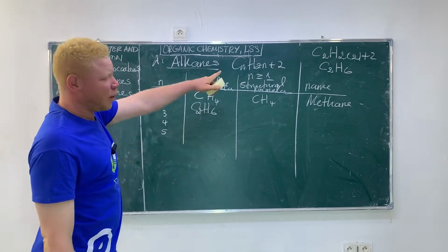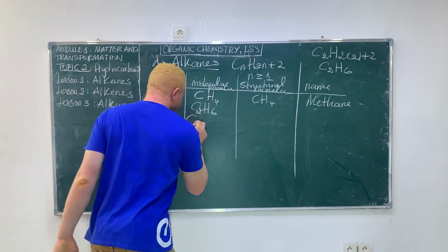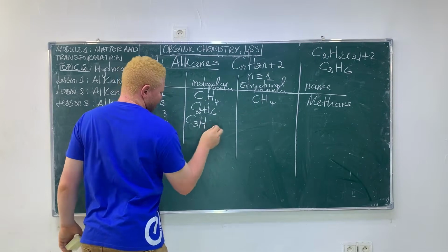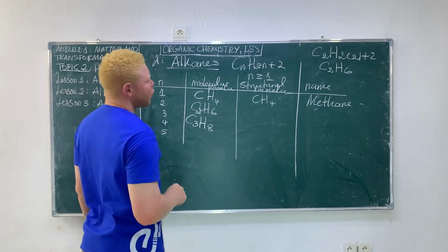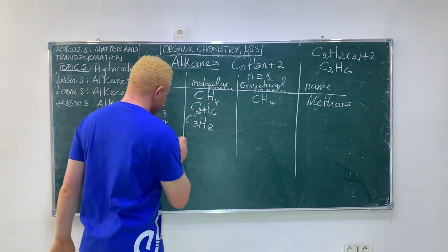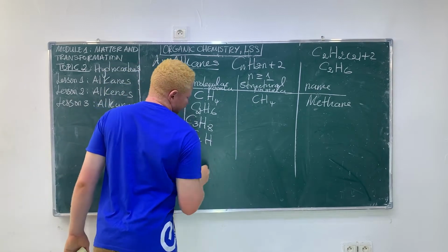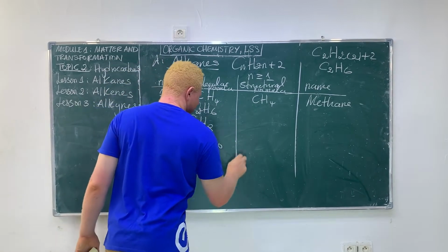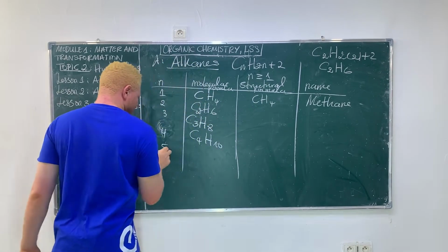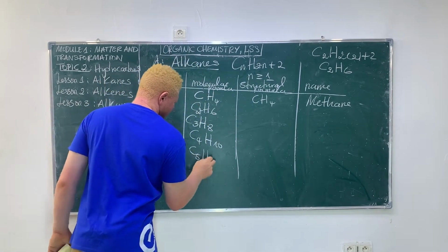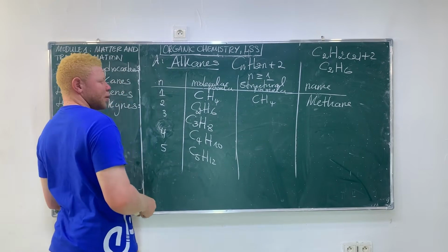Putting 3 in the formula, we have C3H8. Putting 4, we have C4H10. Putting 5, we have C5H12.